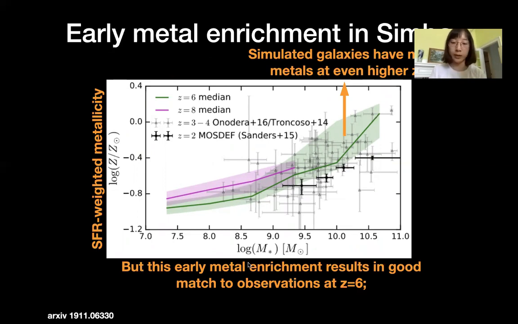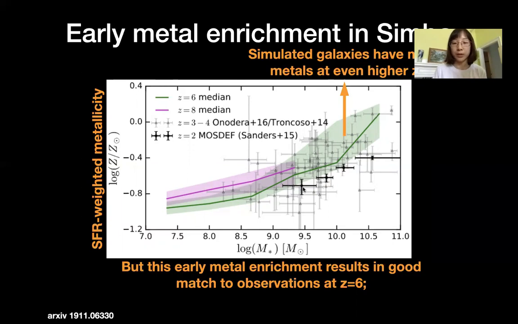The green line is the mean mass metallicity relation in the simulations at redshift 6. And then the magenta line is the result at redshift 8. The shades here represent the 1 sigma spread in metallicity. And the points with error bars here are the observations at lower redshifts, redshift 2 and 3 to 4.